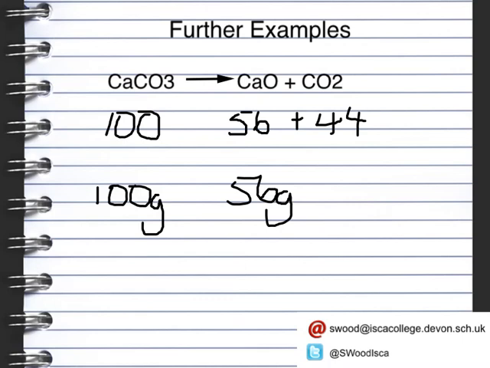Now this means that we can multiply this and work out how much calcium oxide we are going to get whenever we have an amount of calcium carbonate.